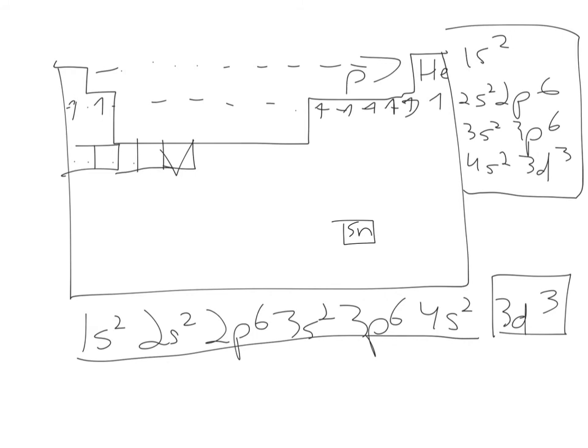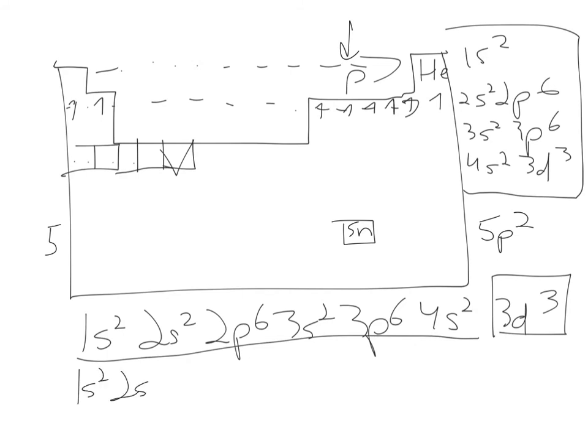Yes, okay. Sn is on row 5, and he's in column 2, or the second P column. So for the full electron configuration, I have to get to 5p2, where he ends up. That's nuts, but we'll do it.